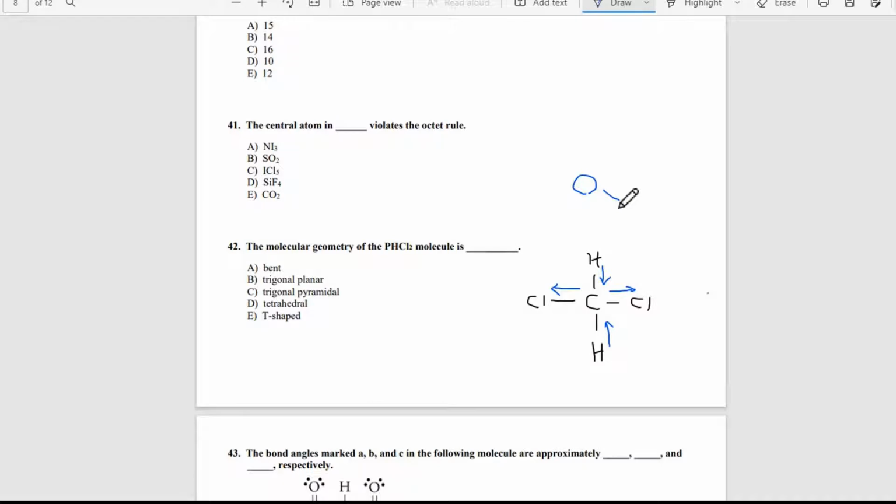O3, ozone, is actually a polar molecule, interestingly enough. The reason is because it has a lone pair on the central atom.